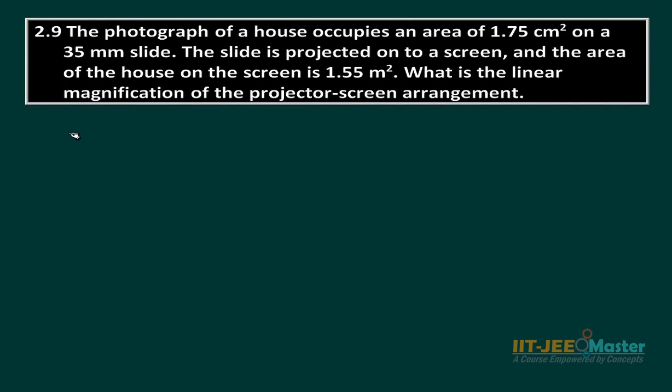So magnification, linear magnification is the under root of area magnification, or say aerial magnification.